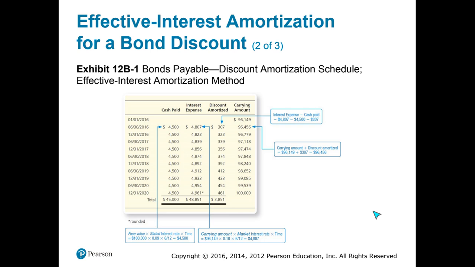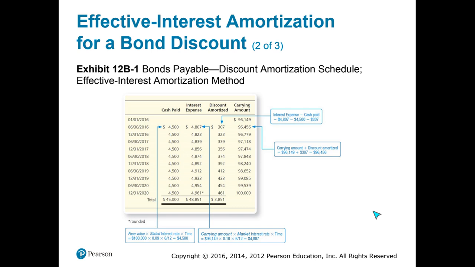And then for carrying amount, we took the 96,149 plus the 307 discount, which gives us a new carrying amount of 96,456. So that's how we would calculate each of those.